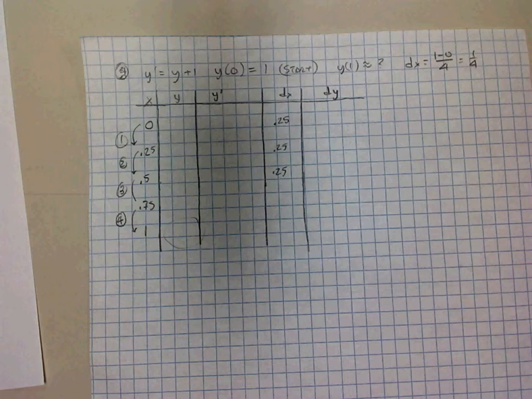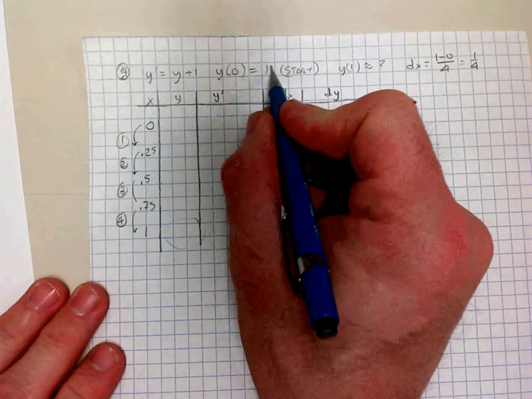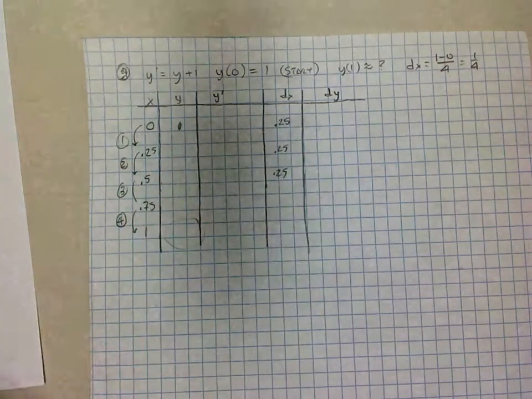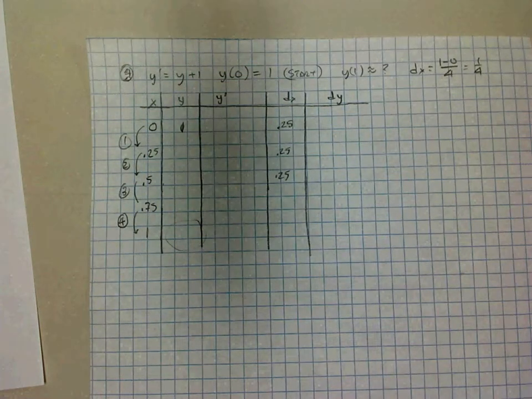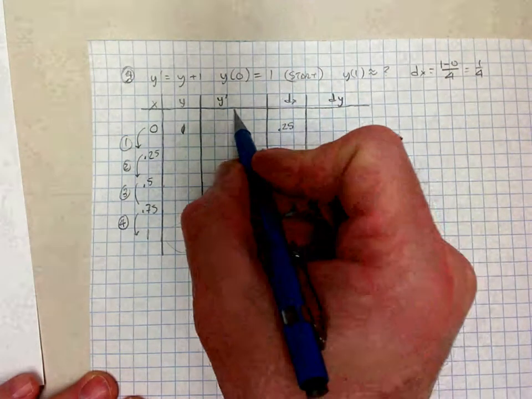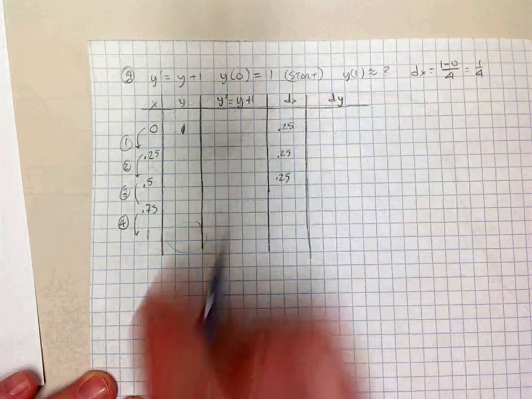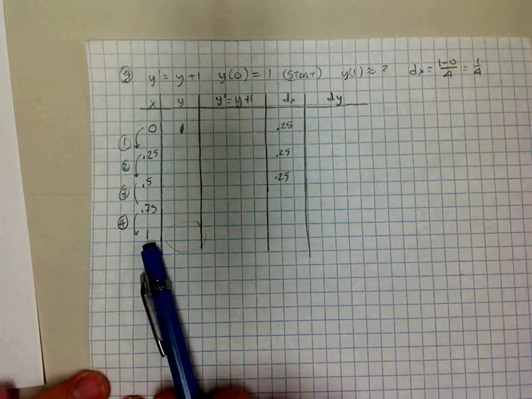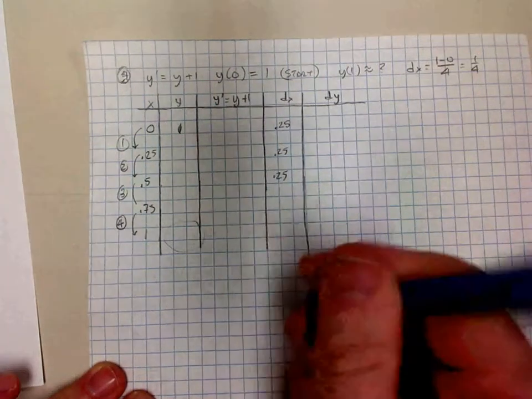Well, we don't need to calculate this one. Our first y value was 1, just from what they gave us, 0, 1. This time, y prime is based upon y plus 1. So we're not going to use x in here this time. We're just going to take this y value and add 1 to it and get 2.